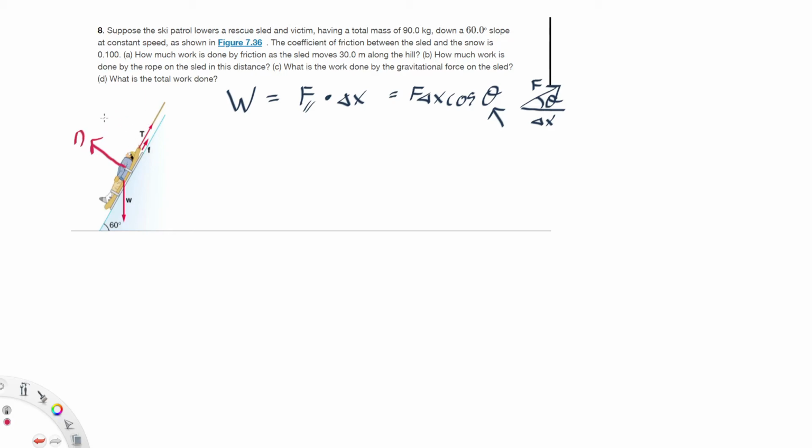Let's define our coordinate system so that up the slope is the positive x direction and normal force is the positive y direction. Also, pretend that I can draw straight lines with any regularity.